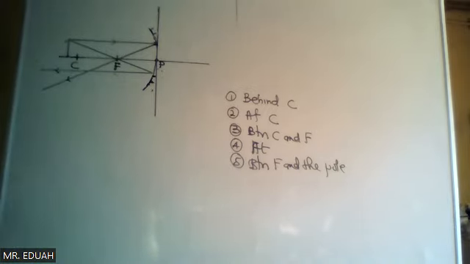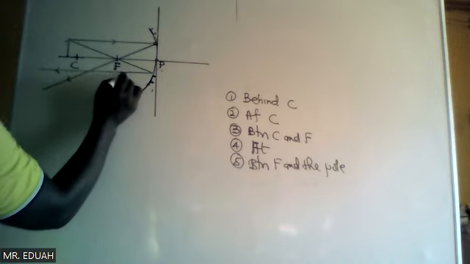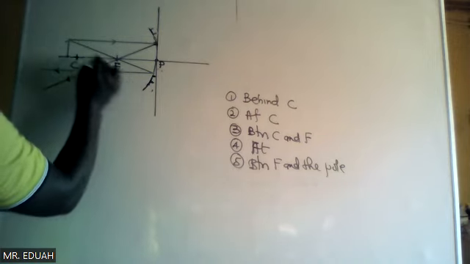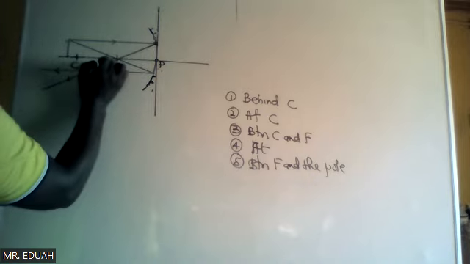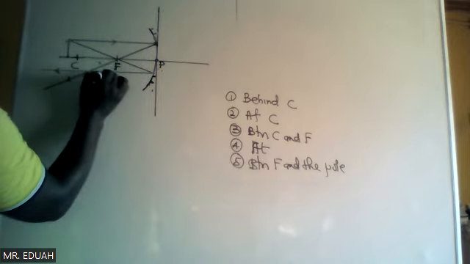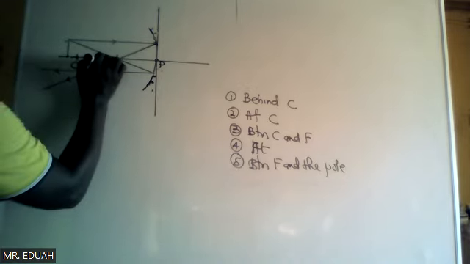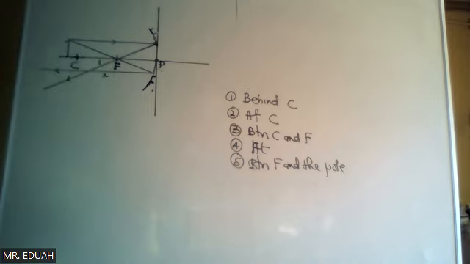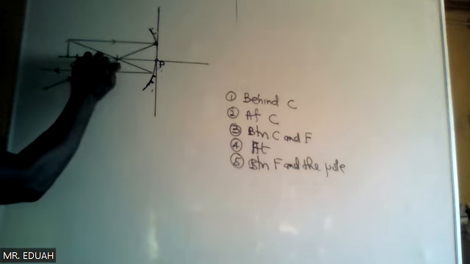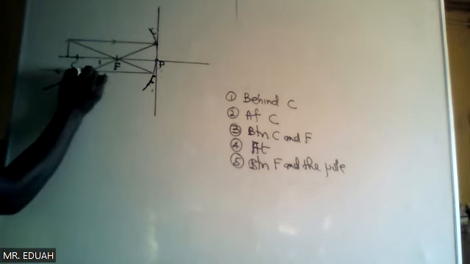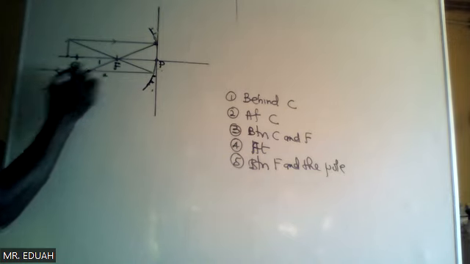And over here, you must check your estimation very well, because you are not measuring, you are just estimating. So I'm carefully doing so that the reflected ray would be parallel to the principal axis. Now look at something. This is the first reflected ray, 1. And there's the second reflected ray. I said for an image to be formed, 2 or more reflected rays must meet or appear to meet. Okay, so these 2 reflected rays, 1 and 2, are meeting at this point over here.